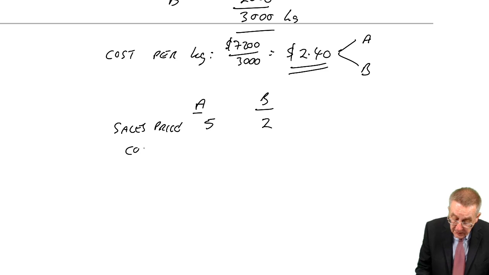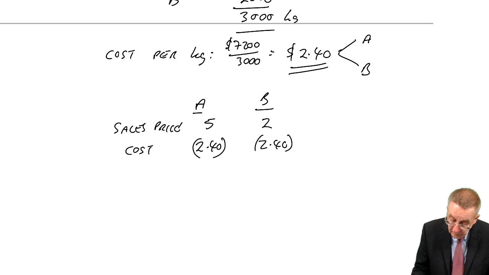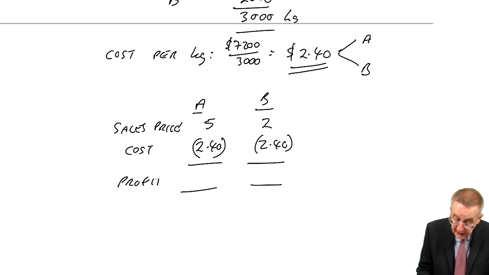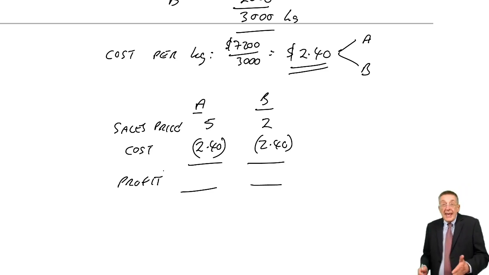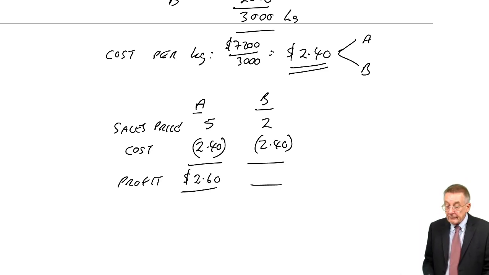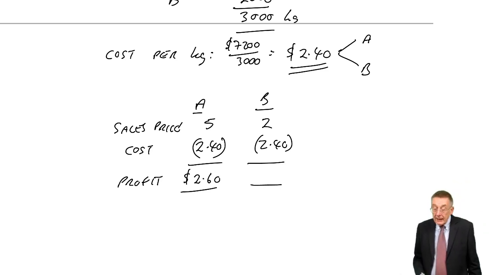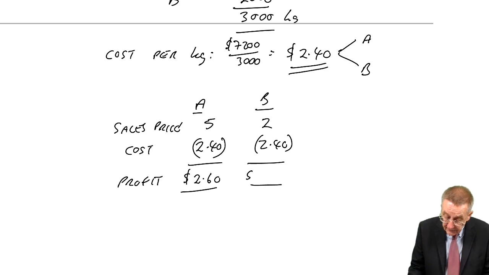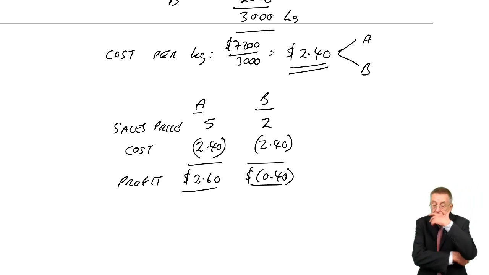We're saying the cost per kilo is $2.40 for each of them. And therefore the profit per kilo, A, maybe this is the perfume, is making a nice big profit of $2.60, whereas B is reporting a loss of 40 cents.